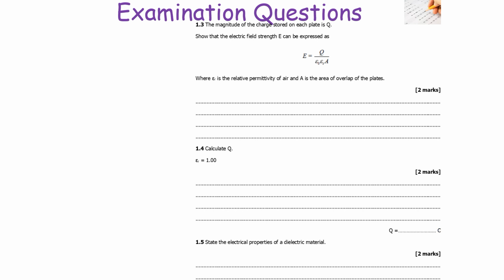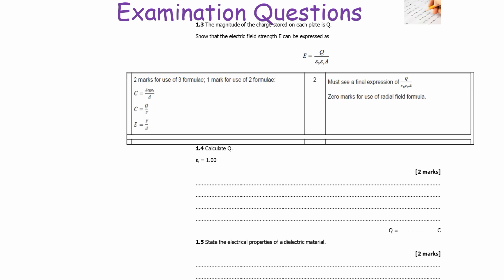Right, how do you answer this particular question? Well, you've got to link a few equations together. The first equation is for a parallel plate capacitor, so we can say C is equal to A times epsilon 0 epsilon R over D. That's an equation given to you in your equation book. But we also know that C is equal to Q over V, which is just the equation for capacitance.